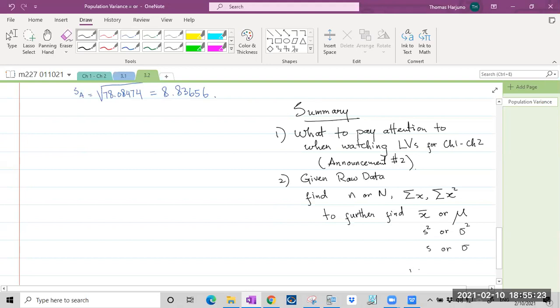Also find the mode, the most frequent data, and the median, the middle data.